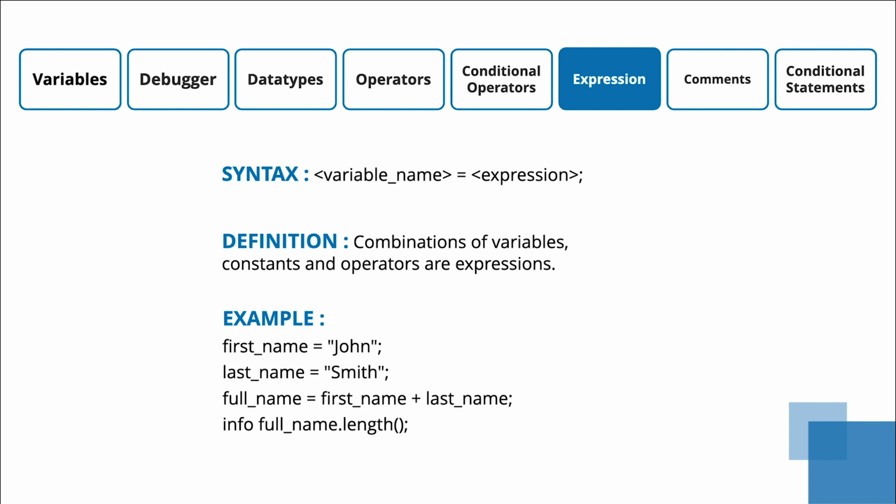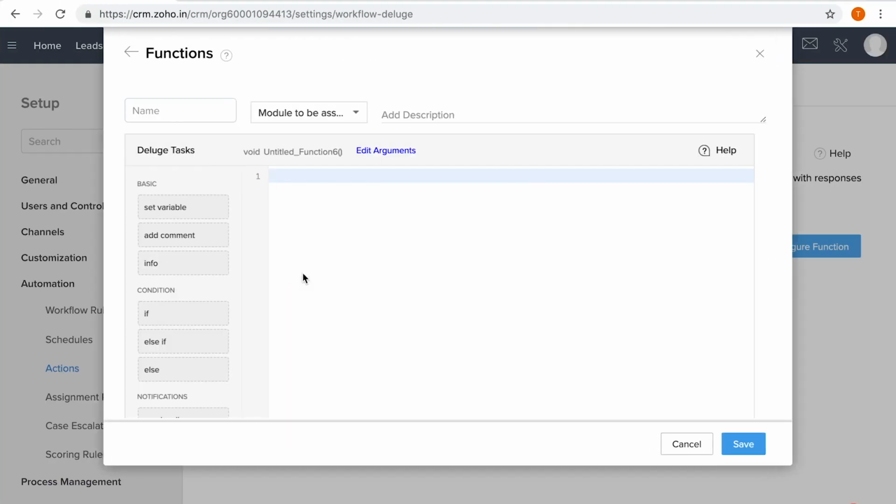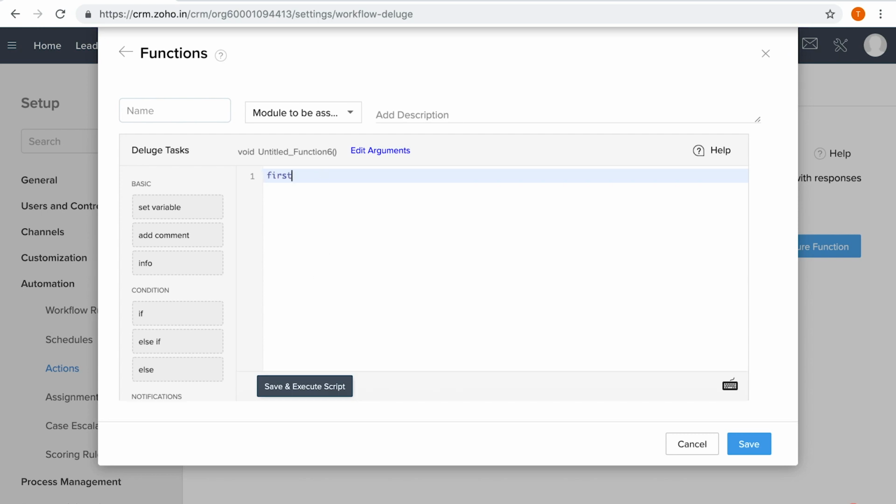Let's quickly test that out. Okay, so we've got first name is John, semicolon. Last name is Smith, semicolon. Full name is first name and last name, semicolon.